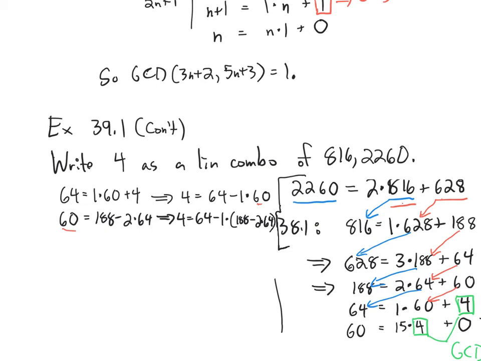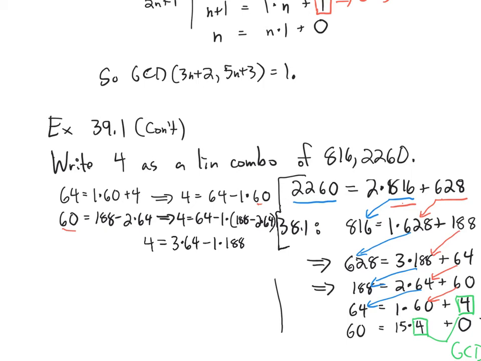And we can simplify that a little bit. So we have 64 minus 2 times 64. So we have that 4 is 3 times 64 minus 1 times 188.